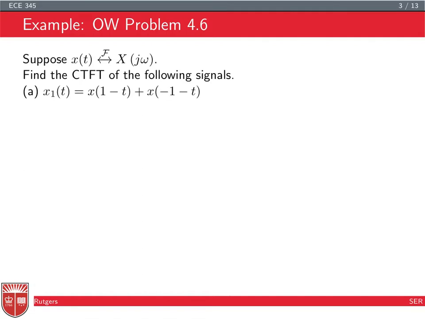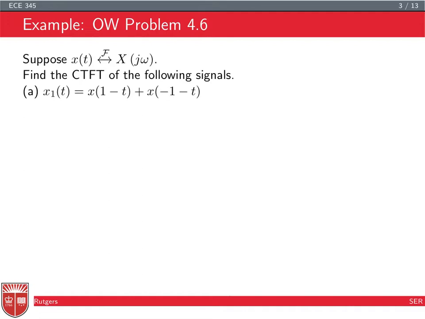To solve this problem, we're going to look carefully at how x1 of t is written as a function of x of t. The first thing we notice is that there is a negative sign behind the t. So it's not a simple shift. You're flipping t around the y-axis.